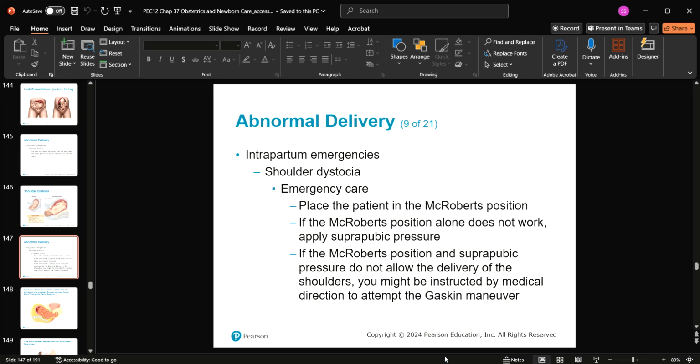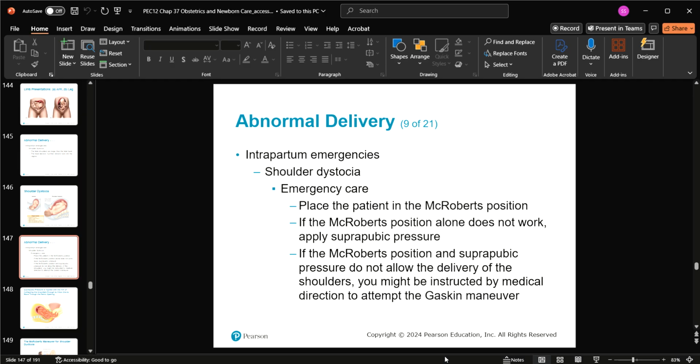In shoulder dystocia, place the patient in the McRoberts position, and we're going to talk about that more in just a second. If the McRoberts position and suprapubic pressure do not allow delivery of the patient, you may be instructed to perform the Gaskin maneuver.